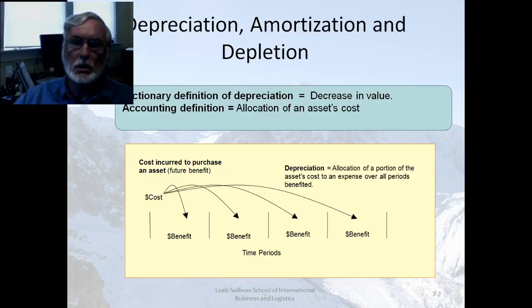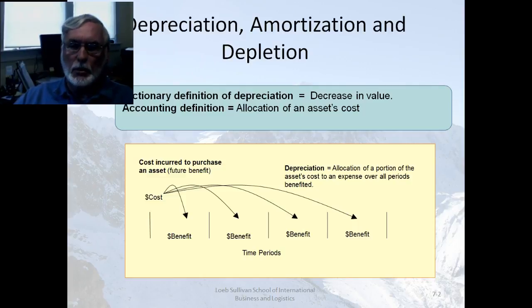So depreciation, which I just mentioned, is a cost allocation. Amortization is also a cost allocation, and depletion is also a cost allocation over time. They apply to different kinds of assets, which we'll talk about, but they mean pretty much the same thing: allocation of an asset's cost over its useful life.